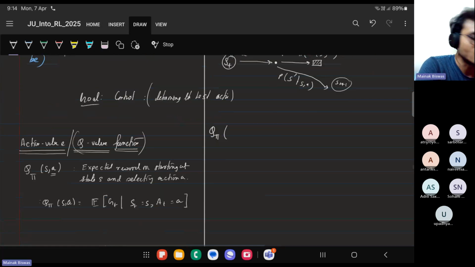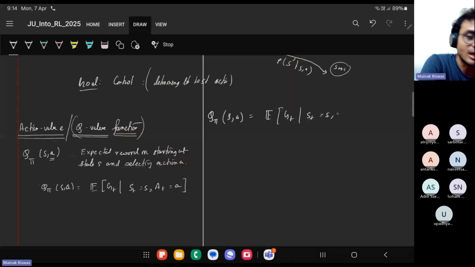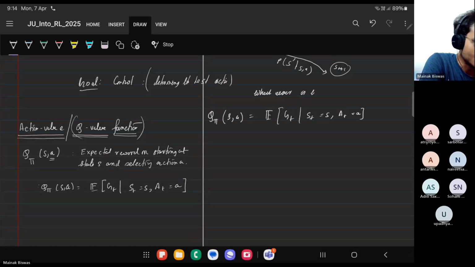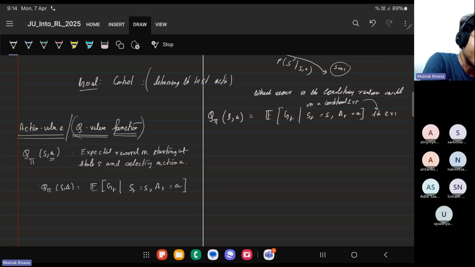So a state value function or Q, state action function, Q function, is defined this way. That is the expected reward, again, the expected GT, given ST equal to S. Again, it's a function over the two random variables S and A. Always remember, whichever is the conditioning random variable in a conditional expectation, the expectation becomes a function.